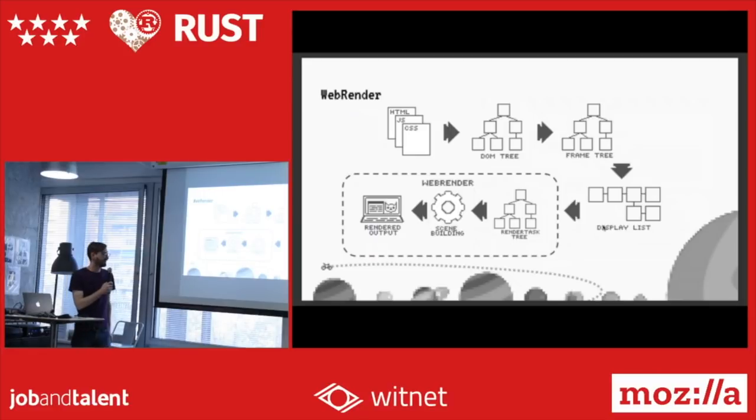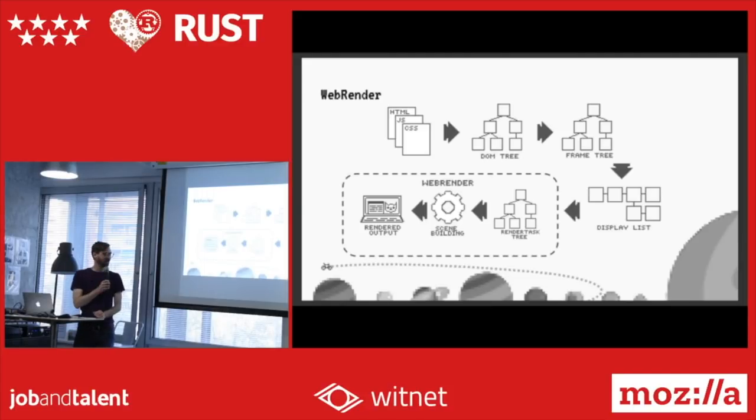So this is what the architecture of WebRender looks like in the end, which is that you have the same frame tree and the display list, exactly the same, with some pretty big differences. The differences are essentially that, one, it's in WebRender, so it has a lot more control about how it splits things, which is important if you want to make decisions at runtime about how to split things.